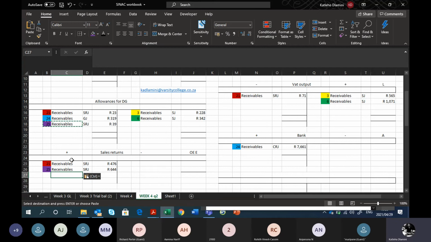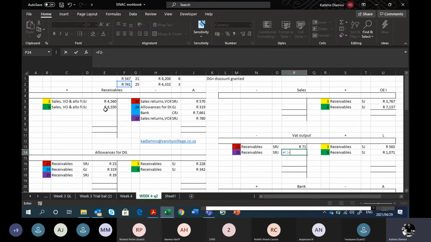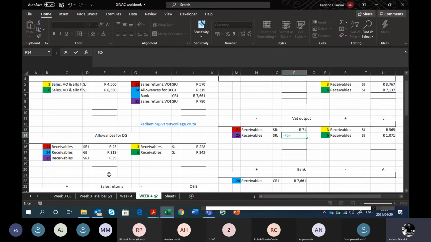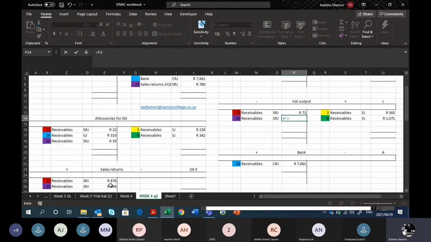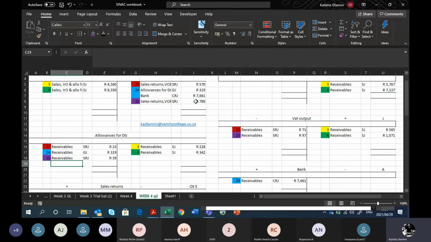So we have our allowance, we have our sales returns, we're just missing our VAT. I'm going to paste this one here. SRJ, and my VAT will be the difference between this amount and this amount. So we have 97 Rand over there. Now I have my 3 purple amounts for that contract account.